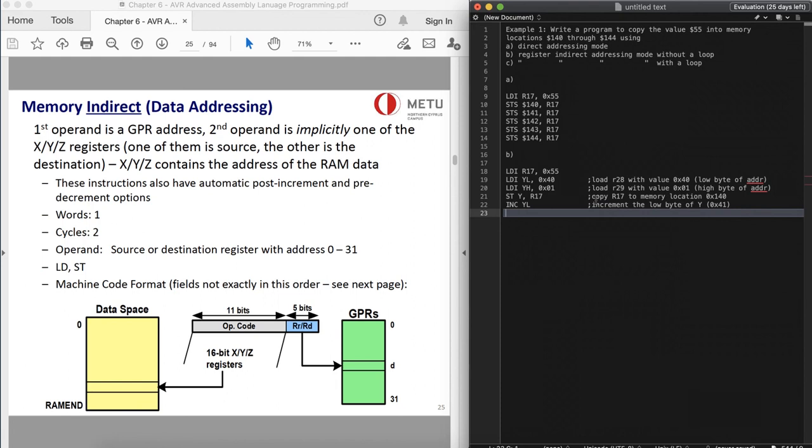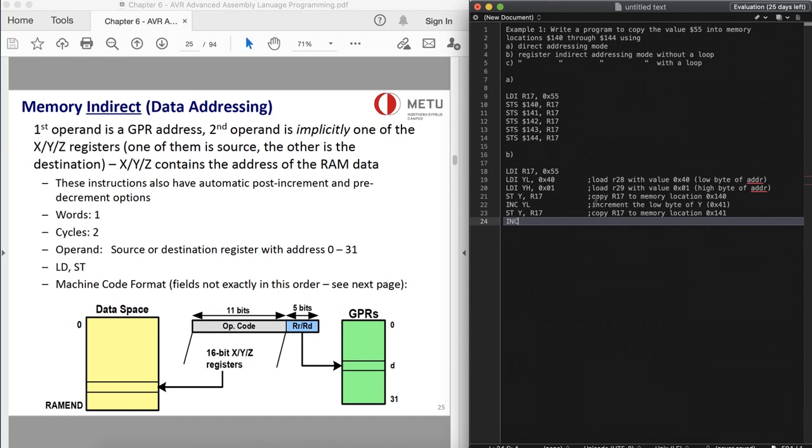Then what we do, we store again. So store Y, R17, and we can say, copy R17 to memory location 0 hex 141.